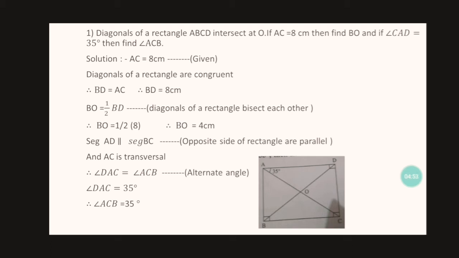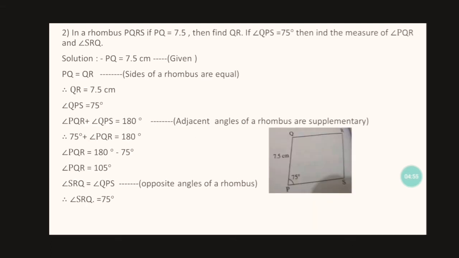Now we move on to the second problem. In a rhombus PQRS, if PQ is equal to 7.5 centimeter, then find QR. If angle QPS is 75, then find the measure of angle PQR and angle SRQ. Okay.